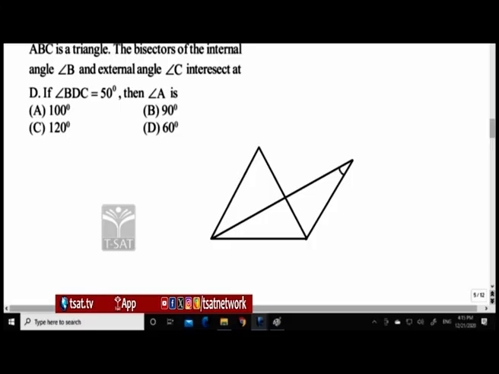If this angle is given as 50, BDC, one internal and one external, then what is A? We know angle BDC is equal to angle A by 2. Therefore, angle A is equal to 2 times angle BDC, which is 2 times 50, 100 degrees.